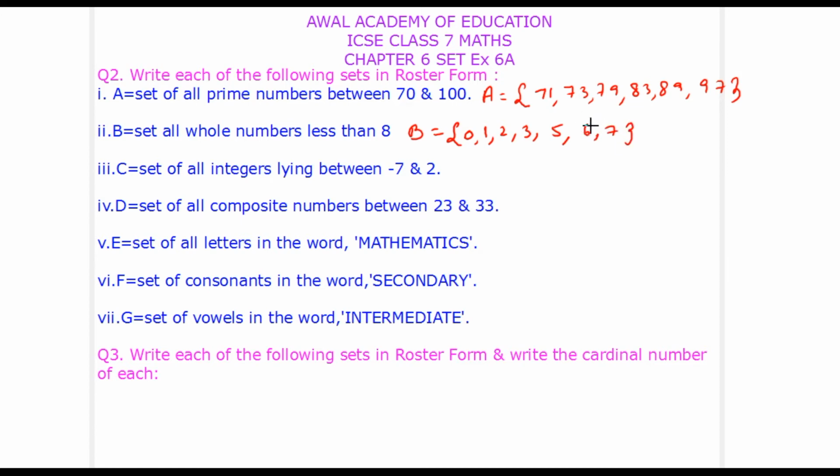These are all whole numbers less than 8, that is including 0. Number third is the set of all integers between, say, -7 and 2.